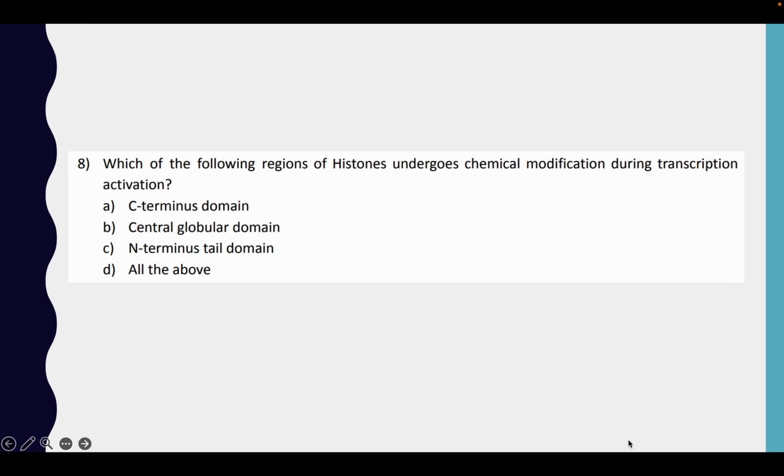So moving on to next question. Which of the following regions of histones undergoes chemical modification during transcription activation? Is it C terminus domain, central globular domain, N terminus tail domain, or all of the above?